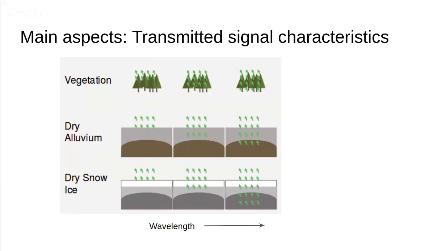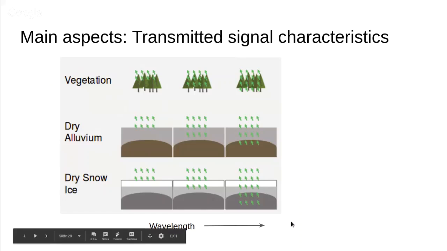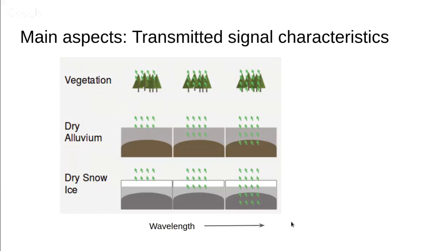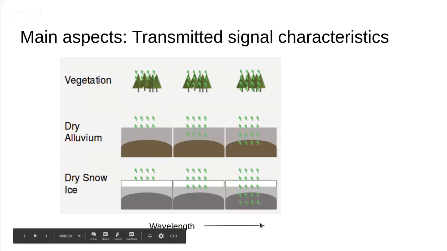In this slide, the transmitted signal characteristics. Here's a picture showing increasing wavelengths on the horizontal axis and different targets on the vertical axis. If you think about it, the larger the wavelength, the deeper the penetration into the target.